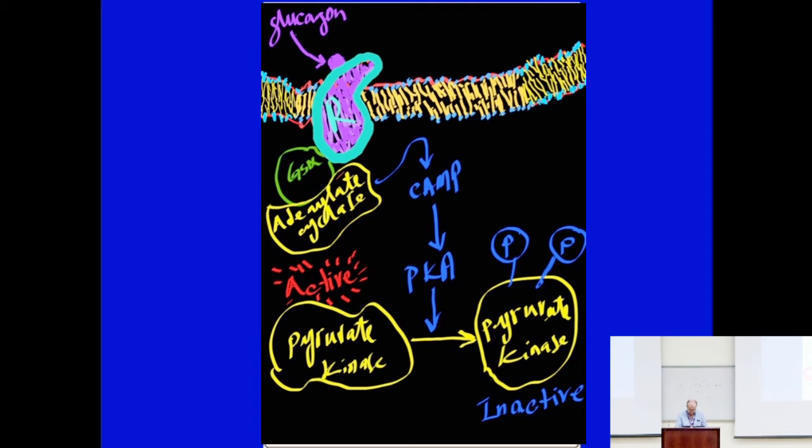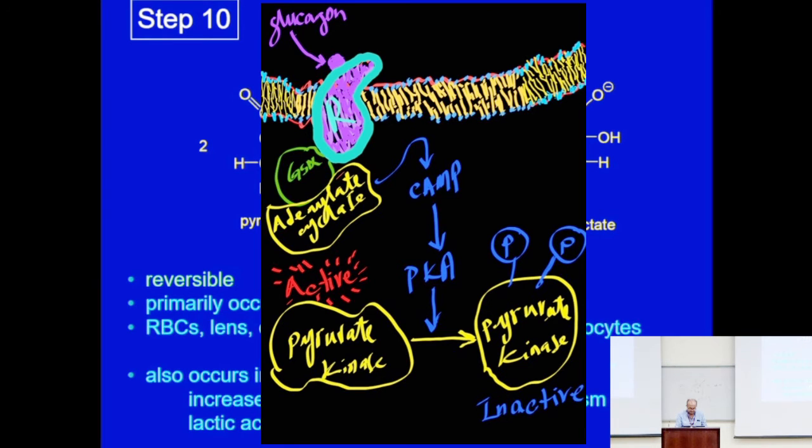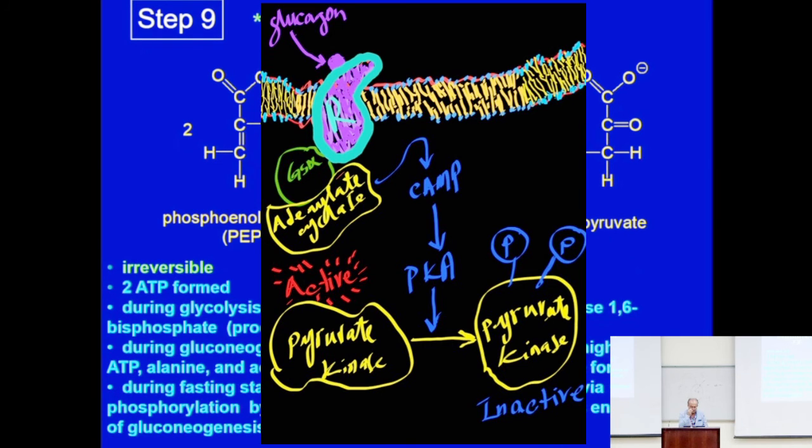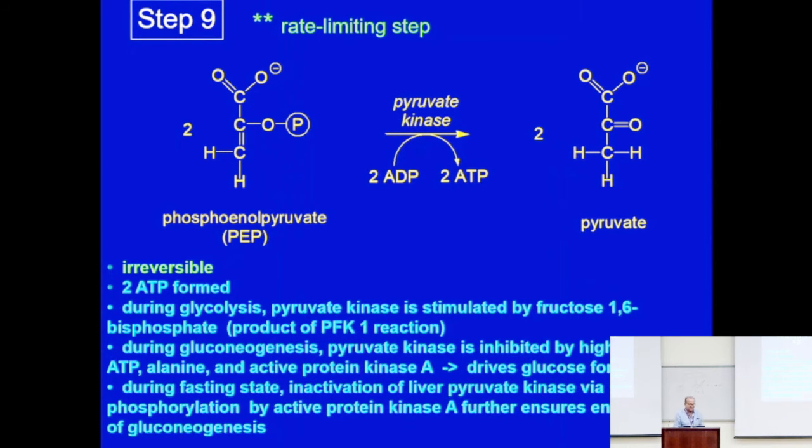Okay? Before I go there, I want to go back here. So the enzyme can be inhibited by PKA-dependent phosphorylation, which is dependent on glucagon receptor being activated by glucagon.